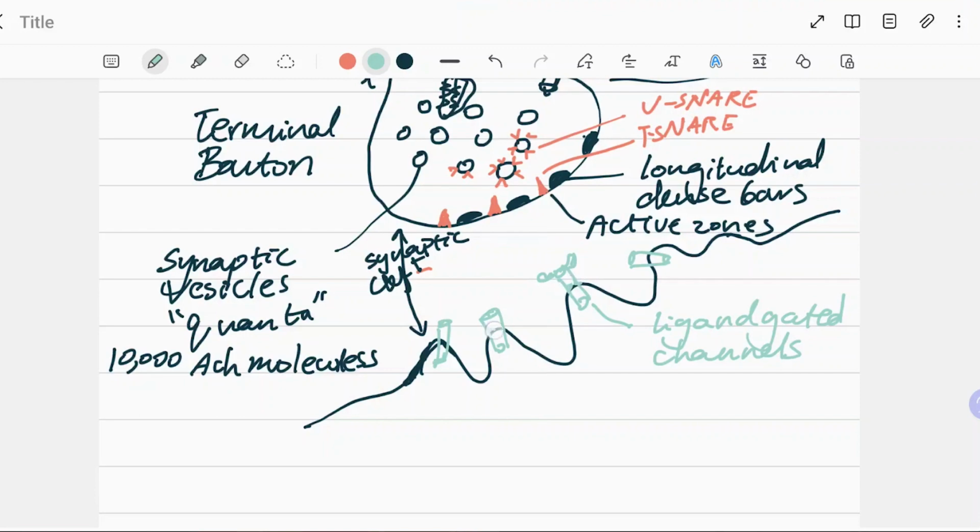There's a gate inside this. And if two molecules of acetylcholine bind over here and find this place and bind over here, it will open the gate. Then what will happen? Cations, especially sodium, will come in, causing depolarization and making the cell depolarized over here.